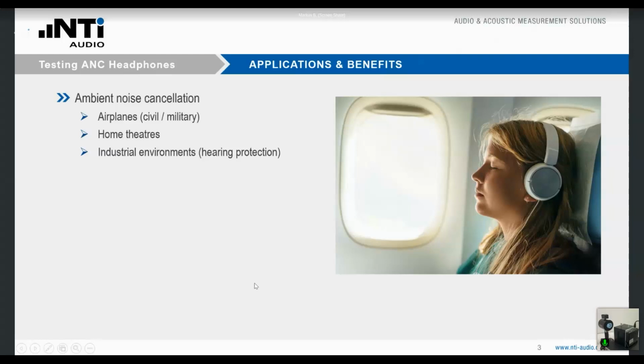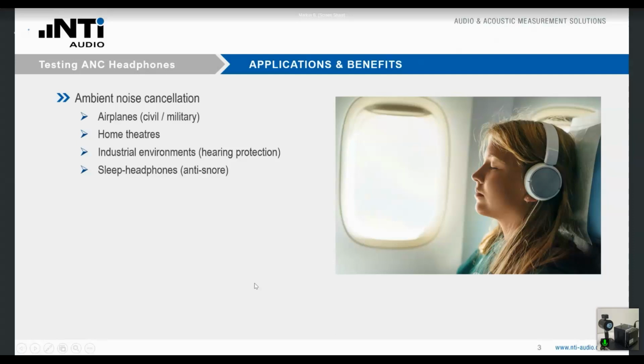Another pretty different application would be industrial environments. Here we're talking about hearing protection of the workers who are exposed to high sound levels, and ANC headphones can be a solution to this challenge. Another, a little bit more exotic application are sleep headphones.